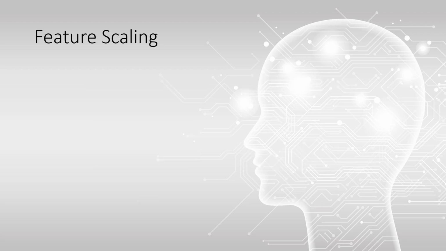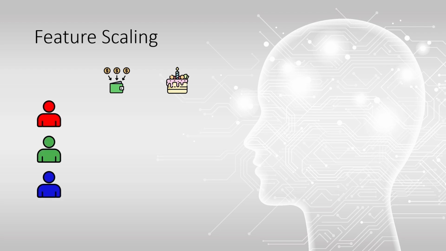Now, let's imagine we have a data set where we have two columns, annual income of a person and their age. Just simple data with those two columns for simplicity's sake, and we are only going to have 3 rows. We are going to have a red person, a green person, and a blue person.